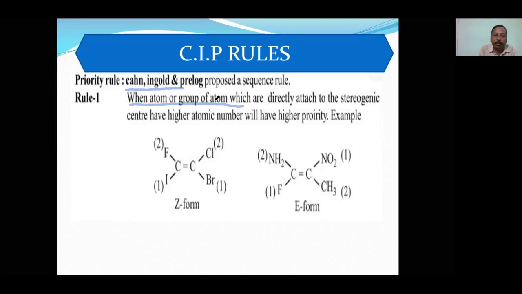When an atom or group of atoms is directly attached to a stereogenic center, this is giving the stereogenic center. What is not a stereogenic center, I will tell you. Let us take hydrogen here and hydrogen here, and methyl here and methyl here. In this condition, there is no possibility of geometrical isomerism.